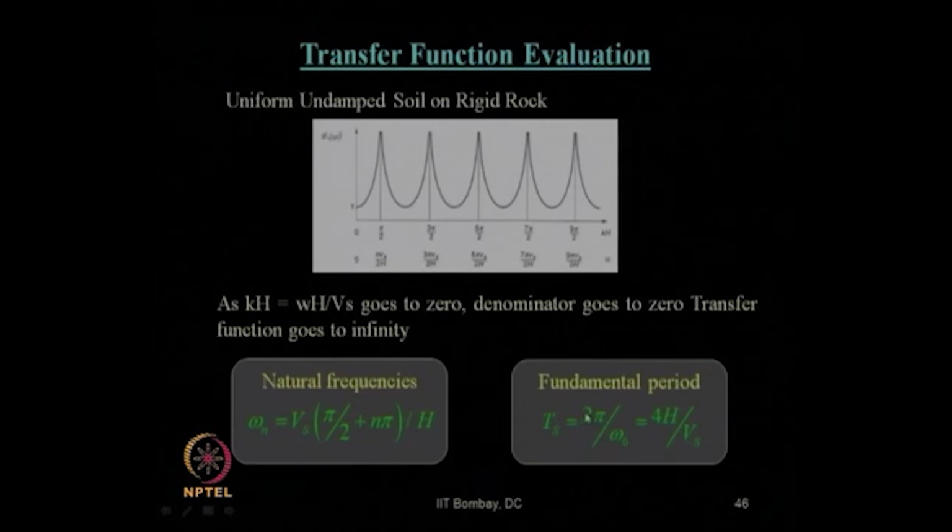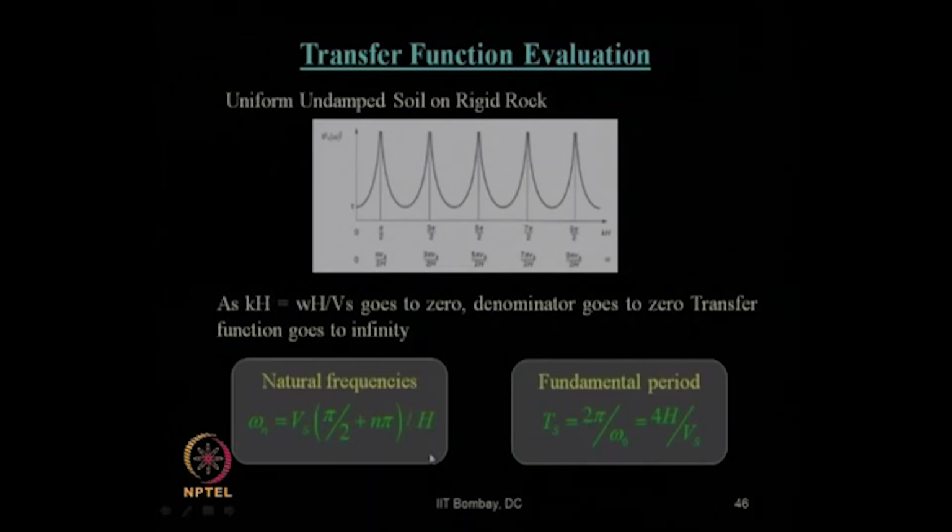Corresponding to that, what will be your fundamental period? The period is nothing but T n equals 2 pi by omega n. So, n numbers of periods you will get, but among them the fundamental period is that period which corresponds to the fundamental natural frequency. That is why it is written 2 pi by omega naught. So, what is the value of omega naught? If you put n equals 0 here, it is nothing but pi V s by 2 h.